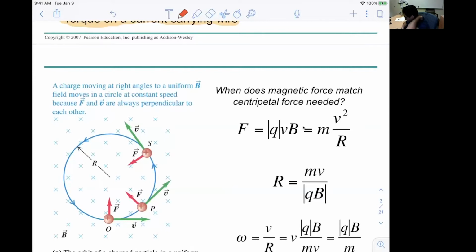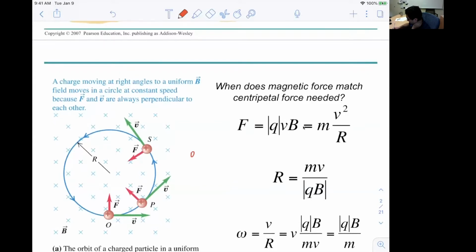And the magnetic force is given by QVB. Q is the charge, V is the velocity, B is the magnetic field. And it's going to be equal to the centripetal force, which is mv squared divided by the radius.